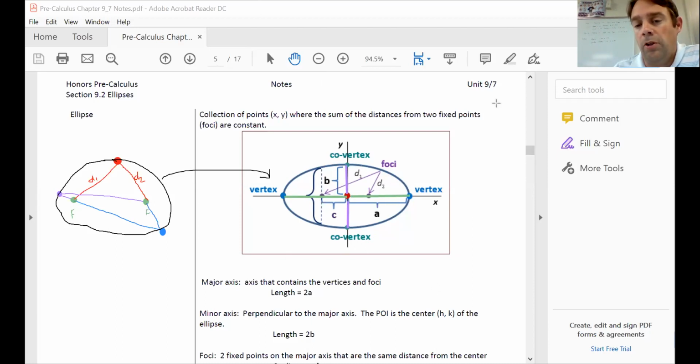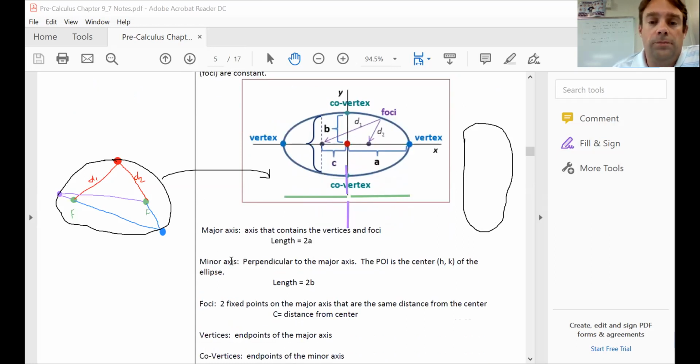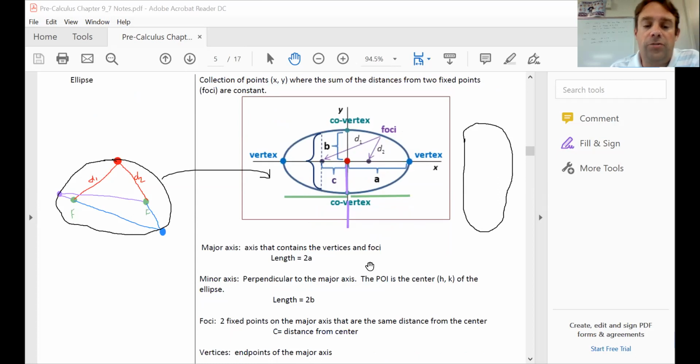This is what we call a horizontal ellipse, but it could be a vertical one. It could have gone like this. An ellipse could also look like, well, not quite like a potato, but you get the idea, right? It could have gone sideways, it could have gone vertical. So now there's different parts of these things, and they're all based off the idea of certain lengths.